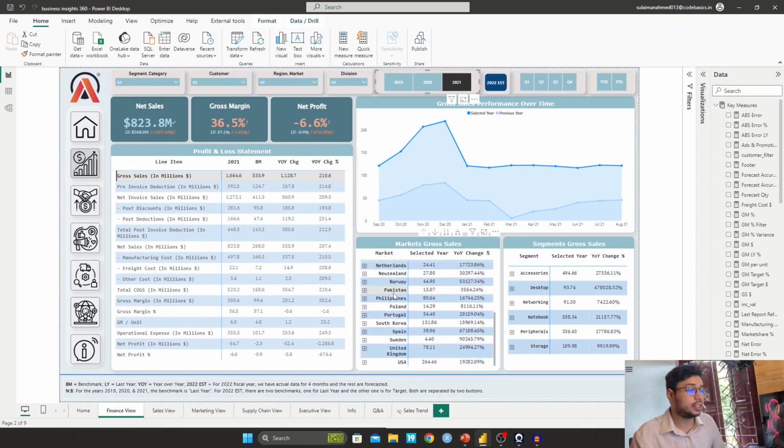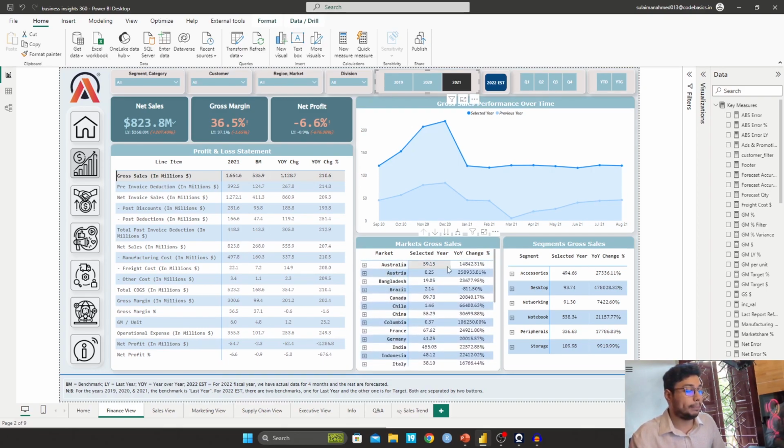So yeah, the finance executive can see different market information here, and also different product sales information. So this is our finance view.